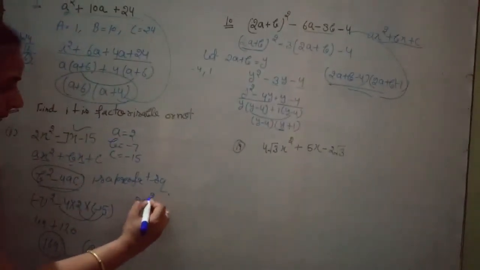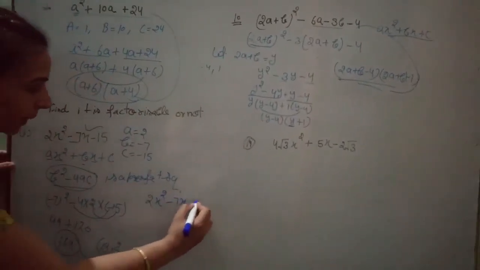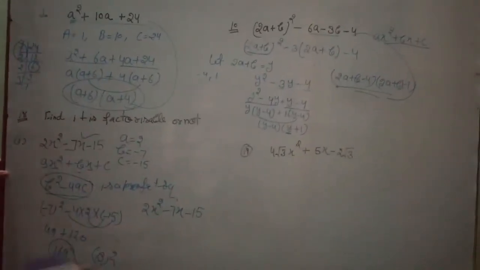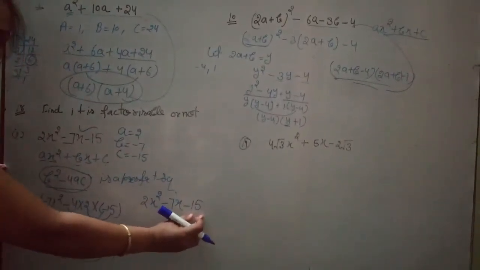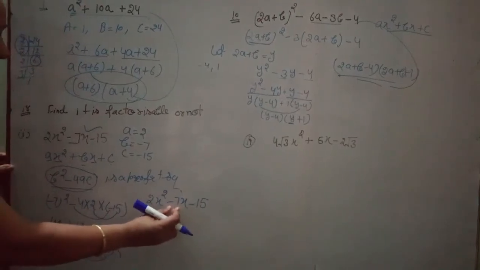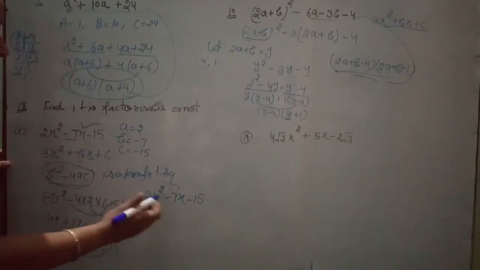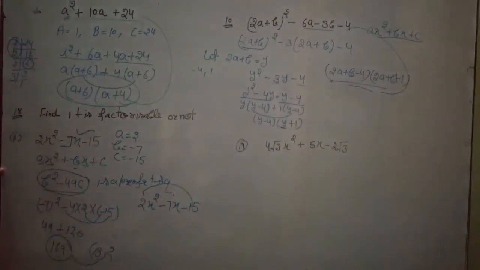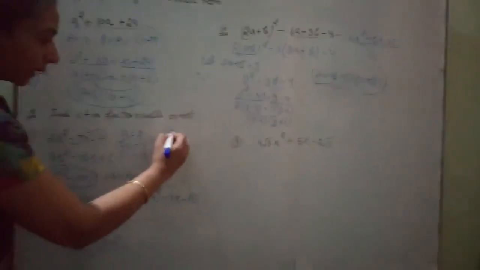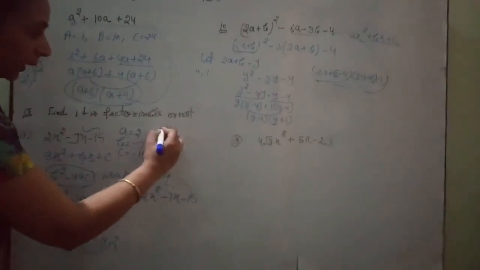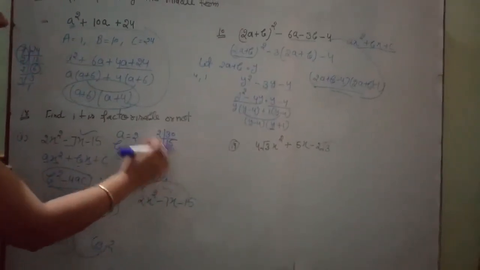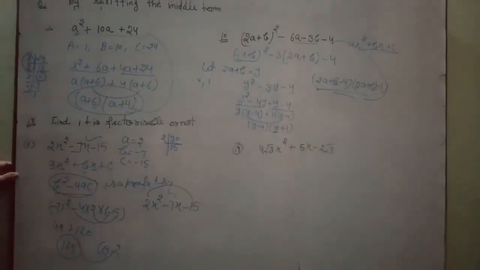2x square minus 7x minus 50. Student, the product is negative, so one is positive and one is negative, and since the middle term is negative, the greater is negative. We make the factors of 30. Factors of 30: if we take 15 and 2, it doesn't give 7.